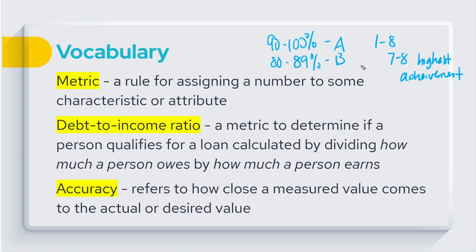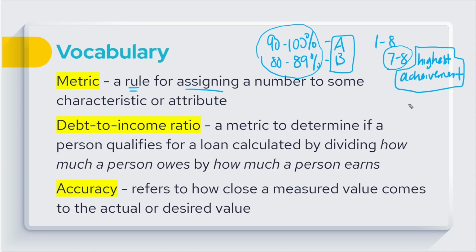Well, these are metrics. It's some sort of a rule for assigning a number to some characteristic or attribute. So you get a number from some kind of a quantitative thing that you do, and you get out of it some qualitative thing.